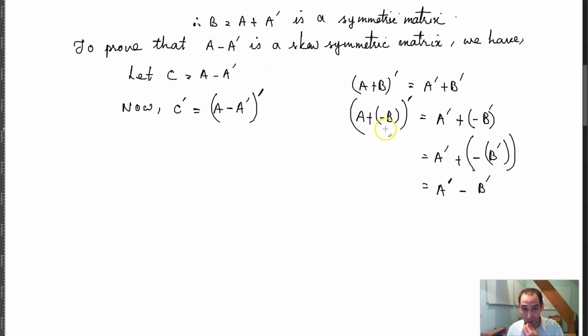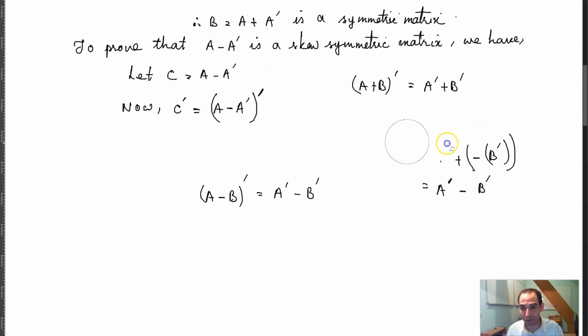Now what I want to show is that A minus B whole transpose is equal to A transpose minus B transpose. Okay. So what I can do, which is of course not the best way to do it, is use what I know: A plus B whole transpose is equal to A transpose plus B transpose, right?